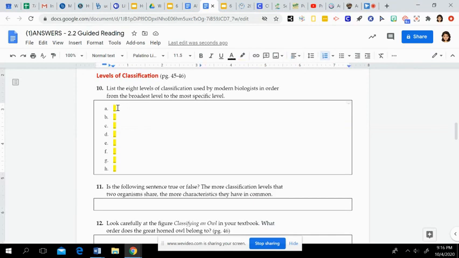So these 8 levels of classification, there's a couple different charts within your book, but they are starting from the top level, domain, then kingdom, then phyla, or our book also said phylum if you talk about singular, class, then family, then you get into the order, and then to specifically identify an organism, you get into the genus, and the last level of classification is the species.